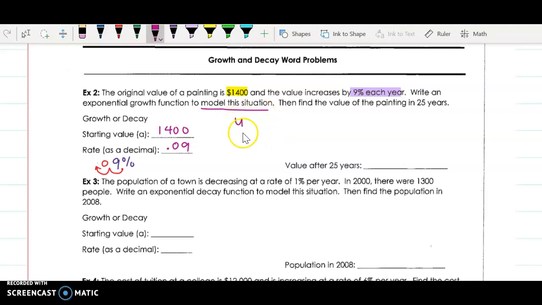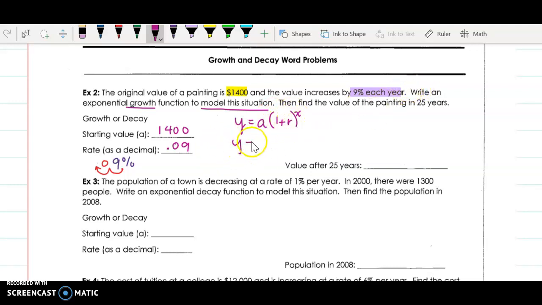So it'll be in the format of y equals a times b to the x. But instead of b, we will write 1 plus r because it's a growth function. So here, our base will be represented by 1 plus r.